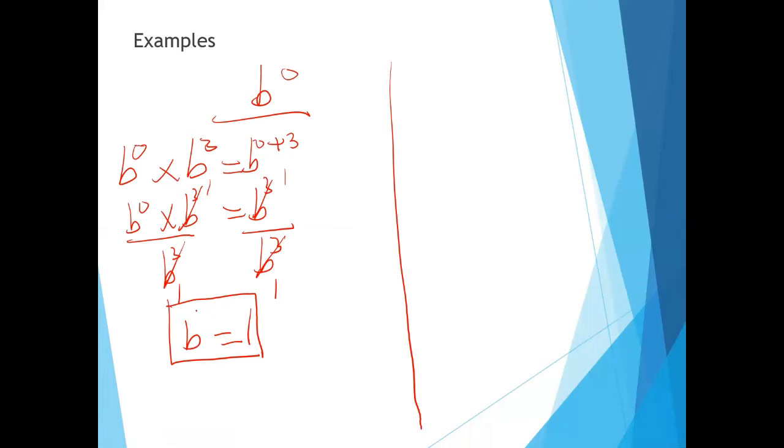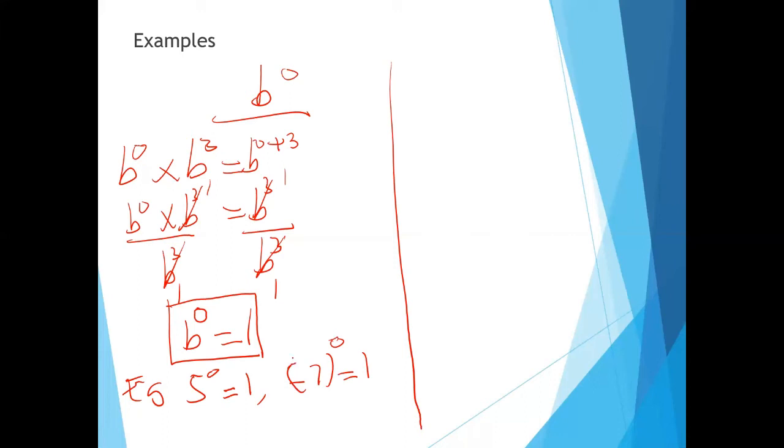So we say that b raised to the power 0 is equal to 1. We need to take note of that. So, for example, 5 raised to the power 0 is 1. Negative 7 raised to the power 0 is 1. And so on and so forth.